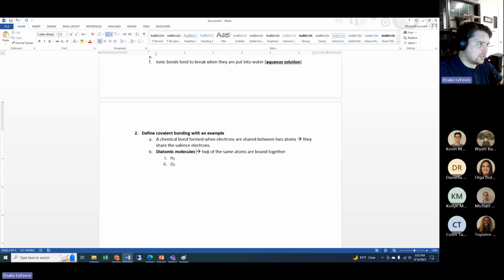You might want to double check this as you go through the material and the book. I believe Dr. Sarkar calls this element or elements when you have two of the same thing bound together like this, but I'm not 100% confident in that.